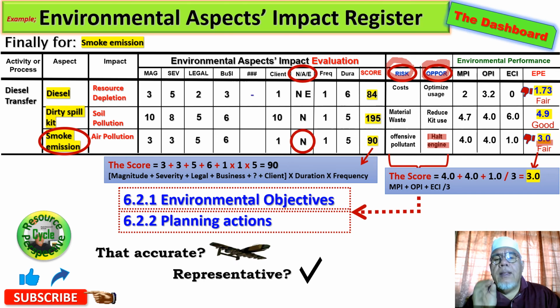The moment they arrive at the factory, they stop the engine of the lorry, no emission of diesel, not even noise and vibration, because those aspects I didn't include there. And they switch to the battery power, which is good for this company. That is the purpose of having risk and opportunity.